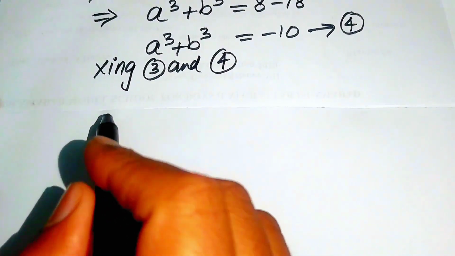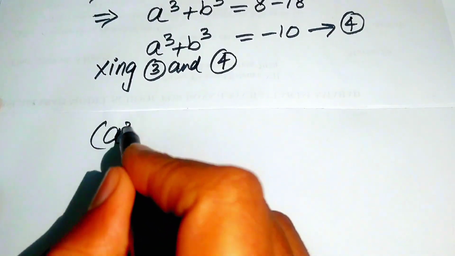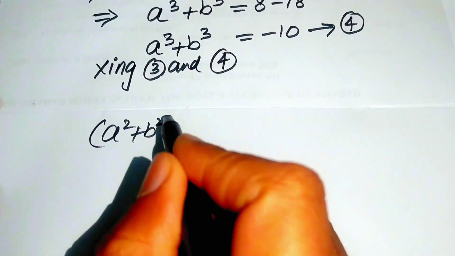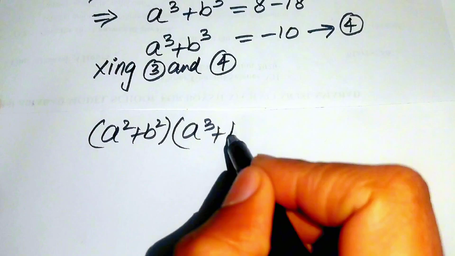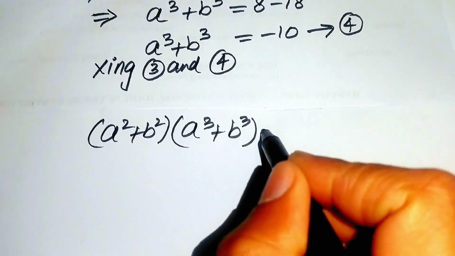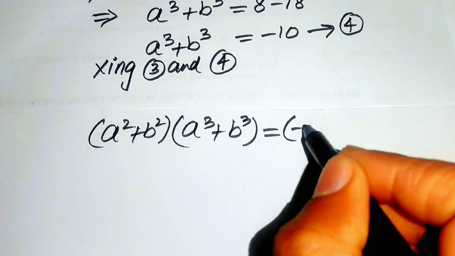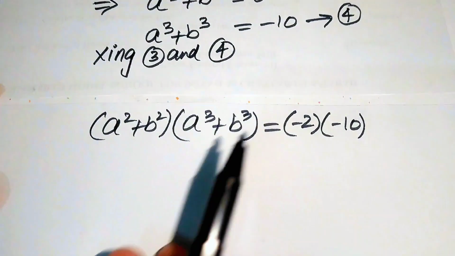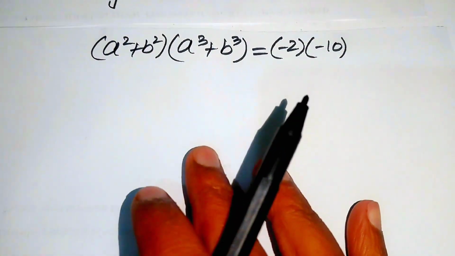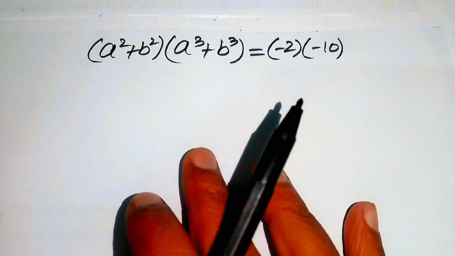So we have equation number 3, a square plus b square, and equation number 4, a cubed plus b cubed, and it equals minus 2 times minus 10. Now in the next step we need to simplify this equation.